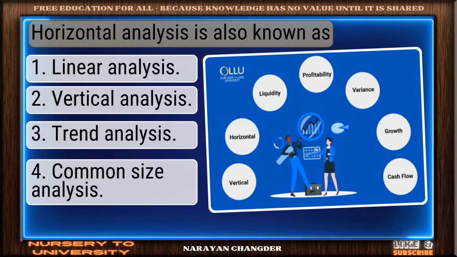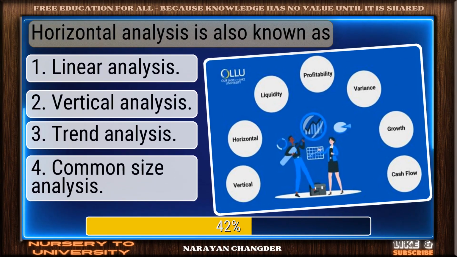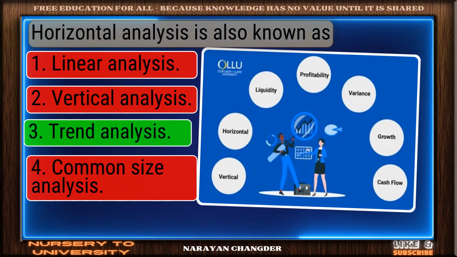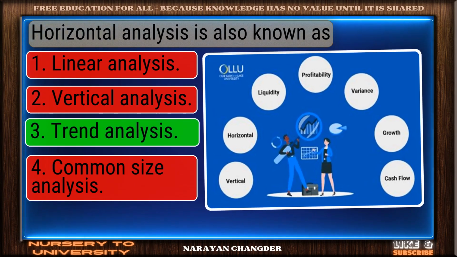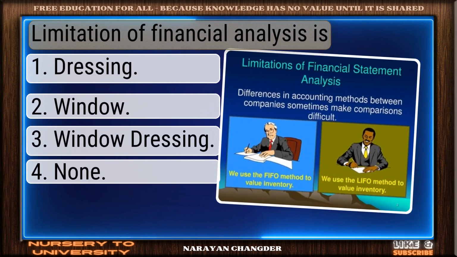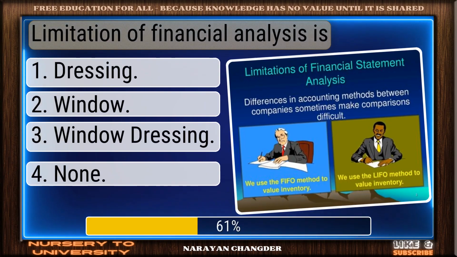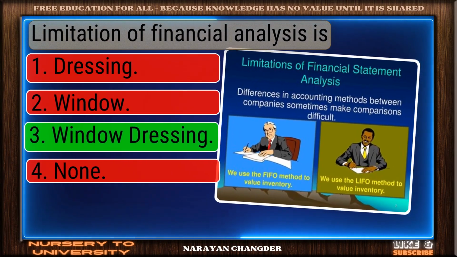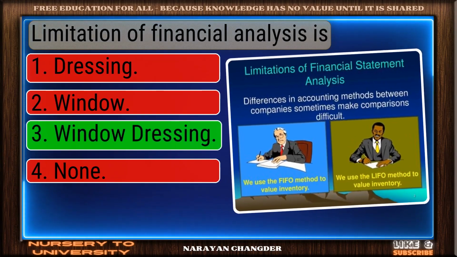Horizontal analysis is also known as. Correct response. Trend analysis is the most accurate answer. Limitation of financial analysis is. Smart move. Window dressing is an accurate answer.